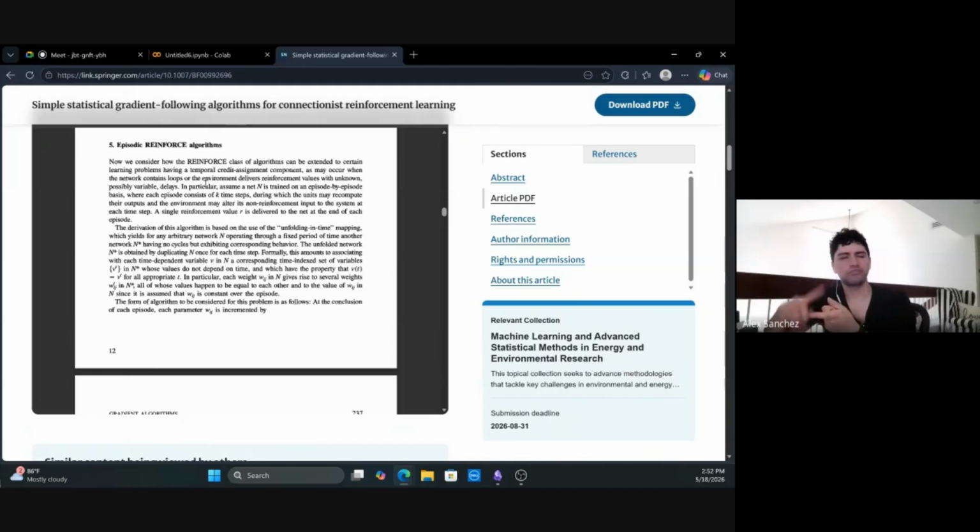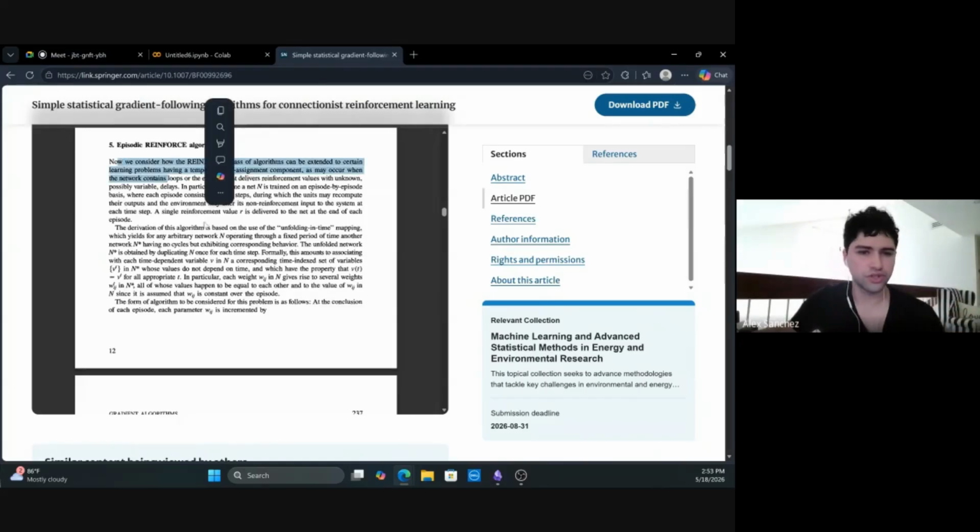So proximal policy optimization and group relative policy optimization. Those two are really big and very important in the modern world. And then we will also be going into DPO, which isn't reinforcement learning, it's preference optimization. We'll talk more into that, but we want to build our foundation. This is the algorithm that I saw was good for that.